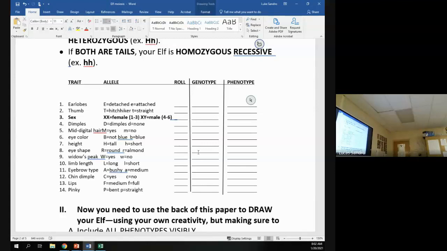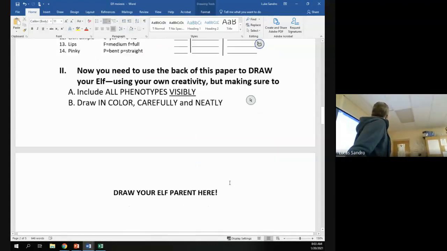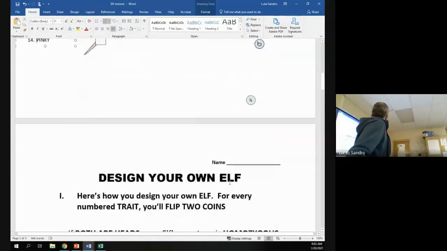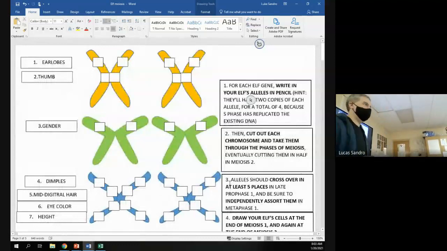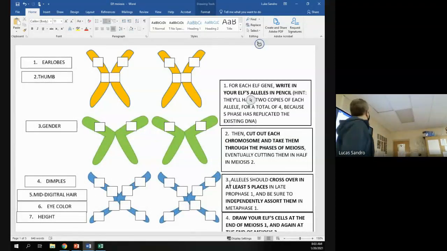All right. So for example, let's say you were heterozygous for earlobes. If you were heterozygous for earlobes, here is what you would write in on your elf chromosomes. Number 1, the gene is for earlobes. Remember, it's big E or little e.